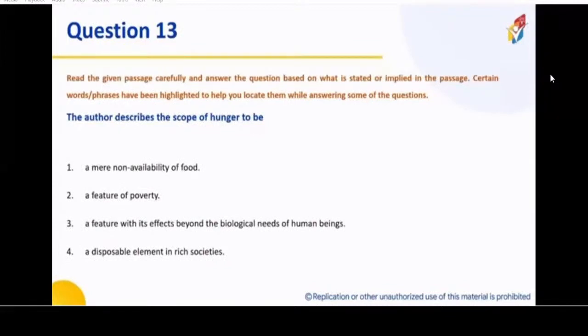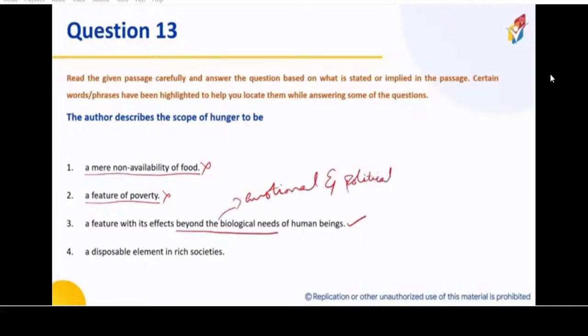It is a mere non-availability of food. The author definitely tells you that it is not a mere non-availability of food. Besides, it's not just a feature of poverty, because the author said even the rich people, the affluent countries, have hunger. A feature with its effects beyond the biological needs of human beings, right? How is it beyond the biological needs? Because it also has emotional and political aspects attached to it.